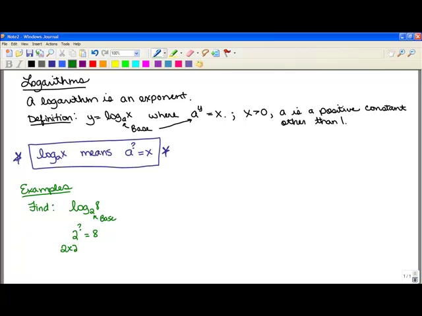Well, 2 times 2 is 4, times 2 is 8. So that would be 2 to the third power equal to 8. So the power that made that true would be 3. So this logarithm, log base 2 of 8, would equal 3.